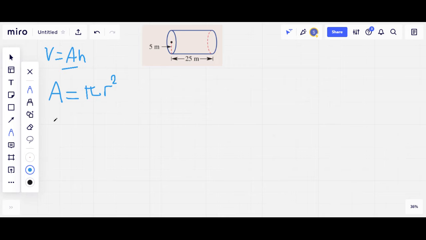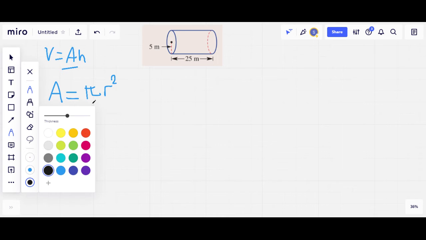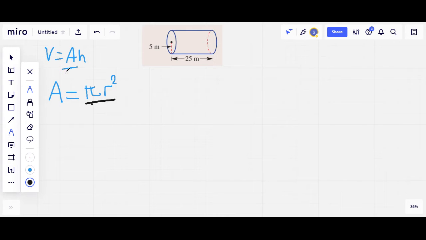So we can substitute this in as A, because A equals this. So we can rewrite this equation as volume is equal to pi r squared multiplied by the height.